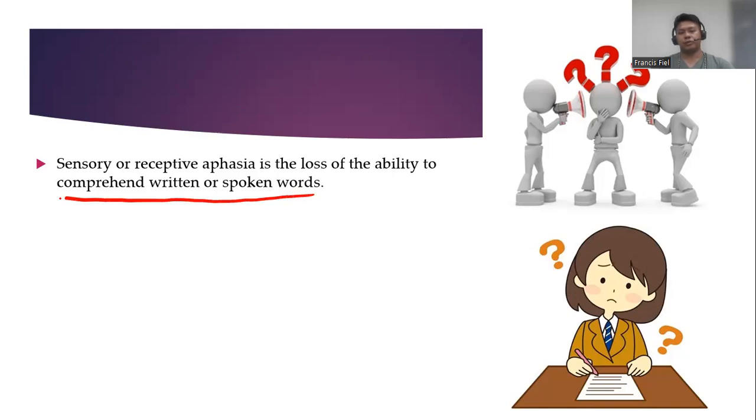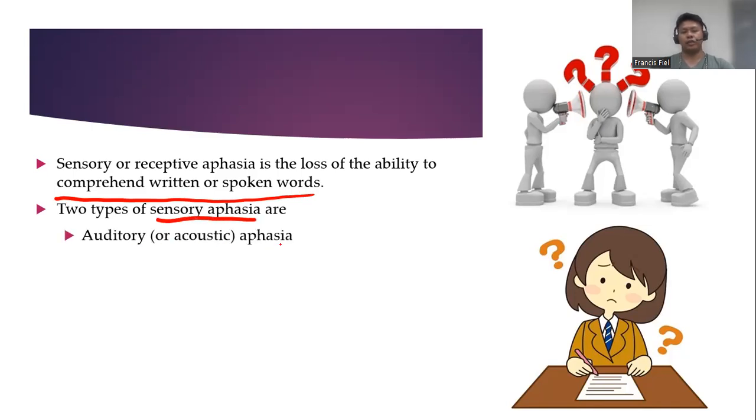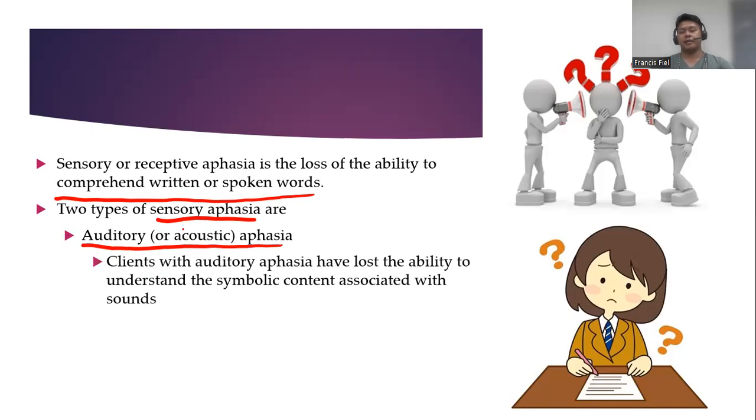So we have two types of sensory aphasia. So first we have auditory aphasia or acoustic. Ibig sabihin, the client is not able or lost the ability to understand symbolic content associated with sound.